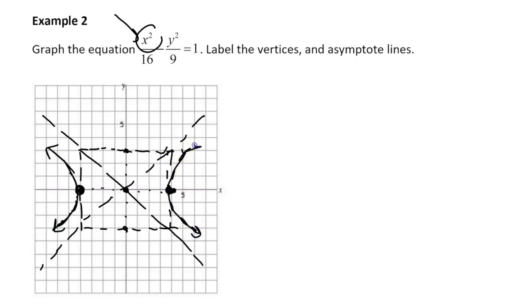Put arrows, but as long as you have something like that, that's good enough for what we're looking for. We could label the vertices: this would be 4, 0, and this would be -4, 0. We have our asymptote lines drawn in, and that looks great. If they want to ask for the equations of the slope and all that, we worked on that last example, so I think we'll see it again coming up.